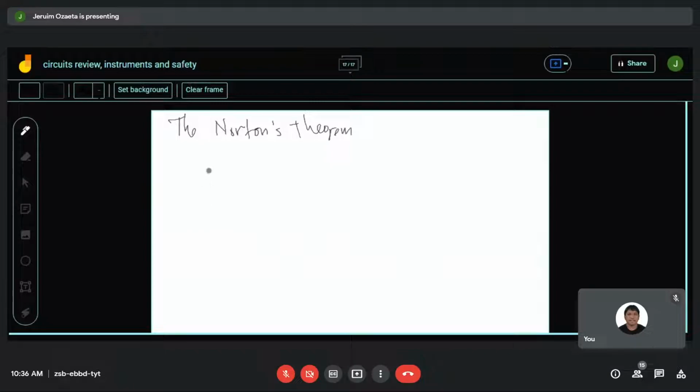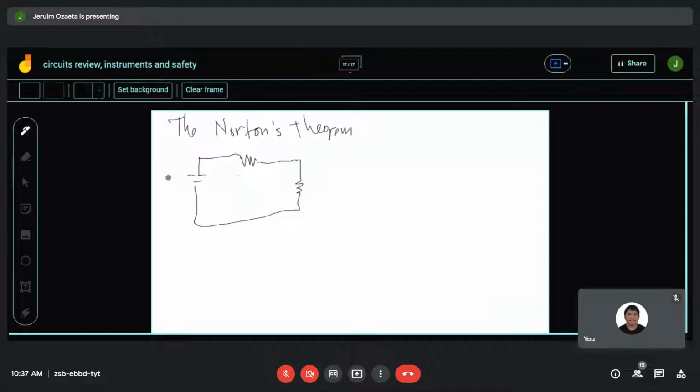So let's adopt the same circuit diagram. This is the voltage E, R sub 1, R sub 2. Let's put values here instead of just the name of the element.